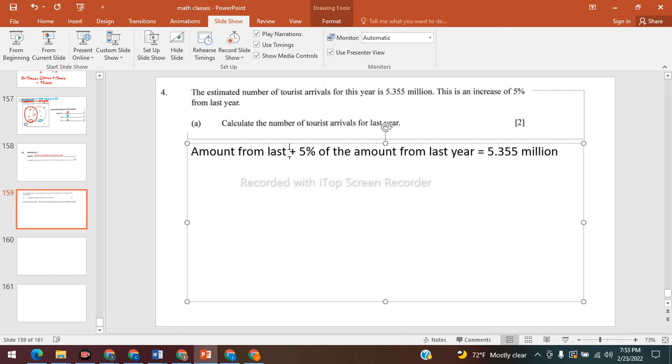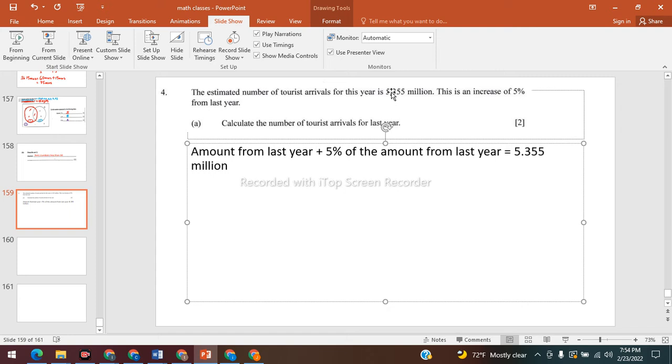What I'm saying is that they're saying the estimated tourist arrivals for this year is 5.35 million. This is an increase of 5% from last year. So quick question, Ms. Petit, the 5% is already added to the 5.35 million?